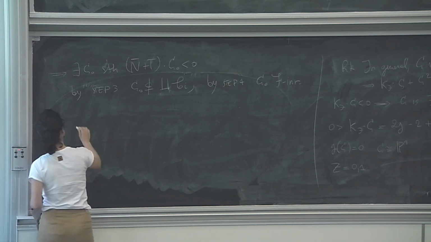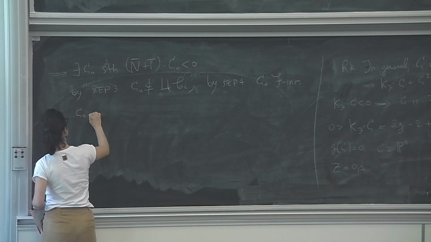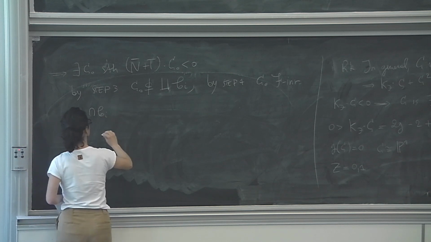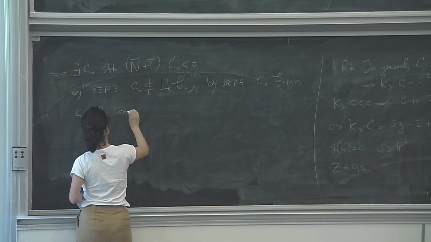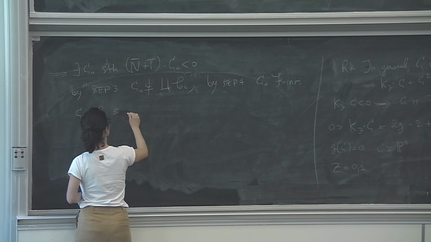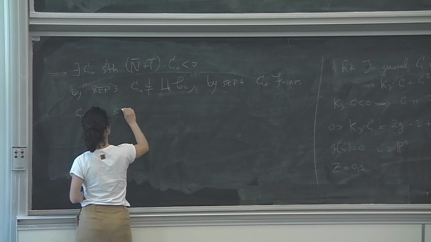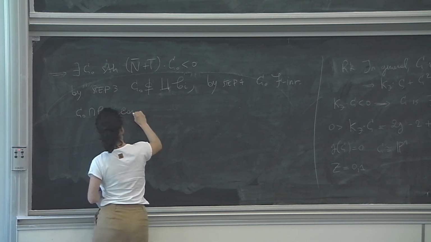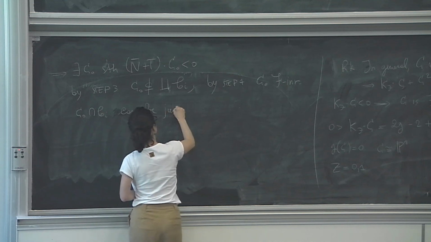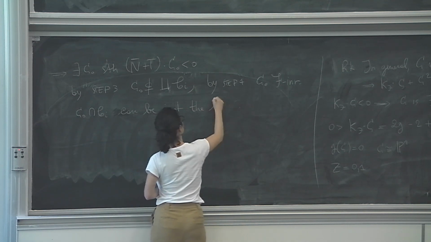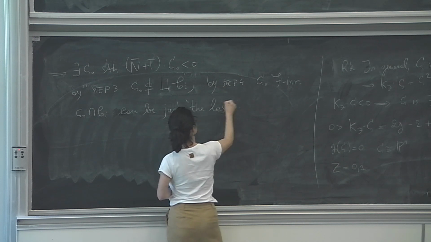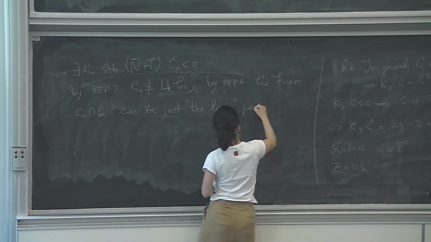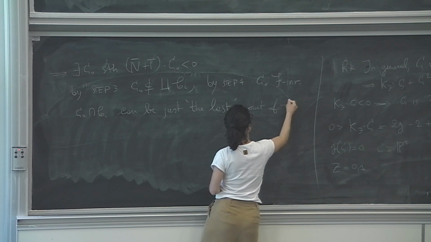Now, the remark is that C0 can meet a chain only along the last point of Ci.